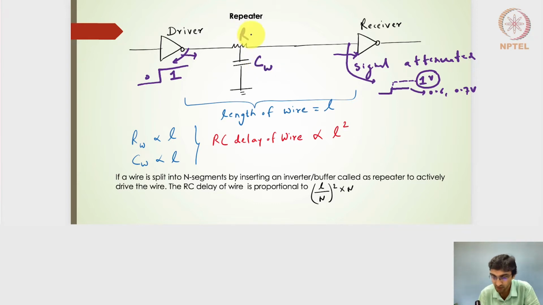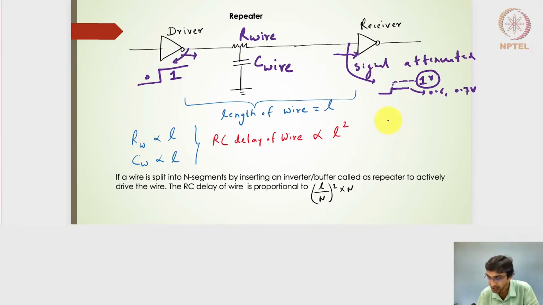So let me write it as R wire and C wire. R wire is the overall resistance of the long length of the wire, and C wire is the overall capacitance for the long length of the wire.